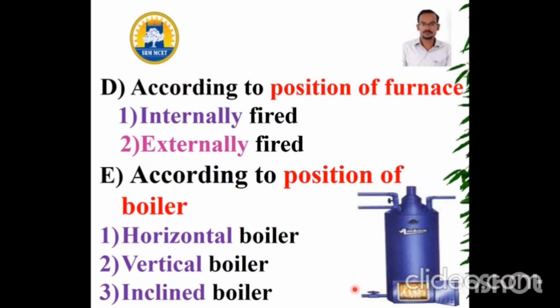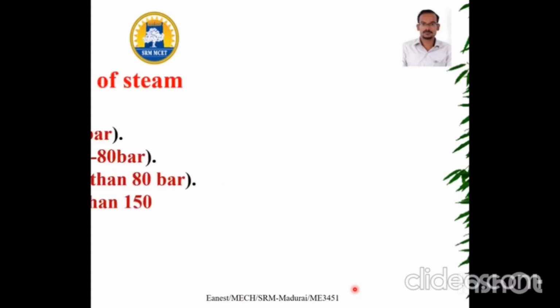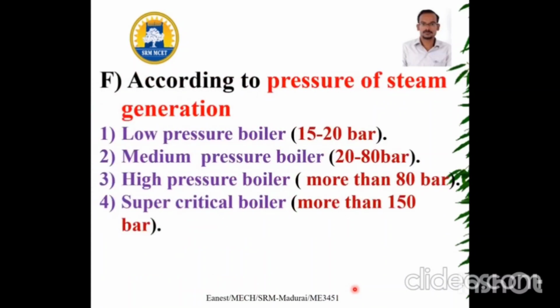Based on the position, the boilers are classified into three types: horizontal, vertical, and inclined type boilers. Based on the pressure: low pressure boiler, medium pressure boiler, high pressure boiler, and supercritical boiler. The supercritical boiler operates above 150 bar, which is used to convert the water at supercritical pressure.